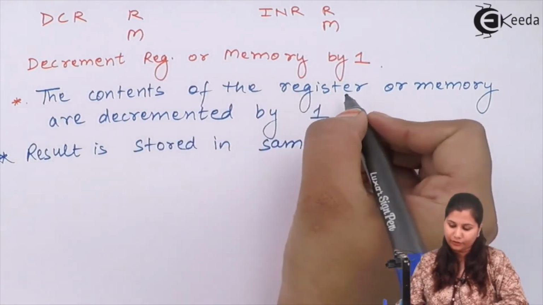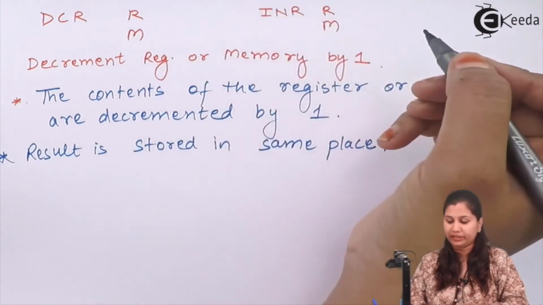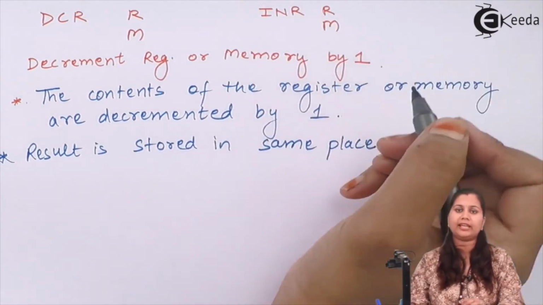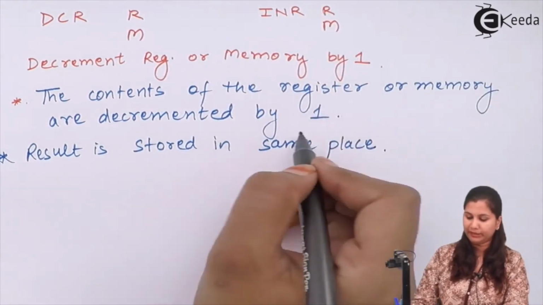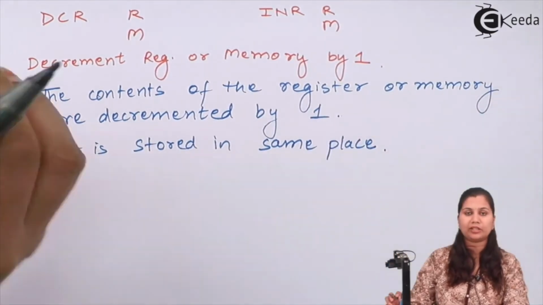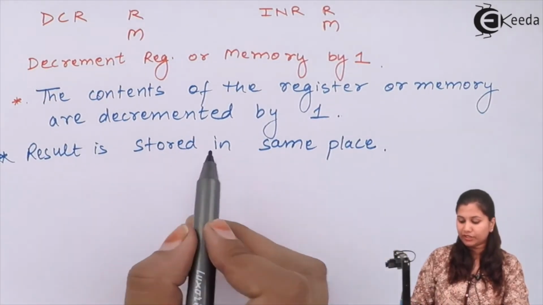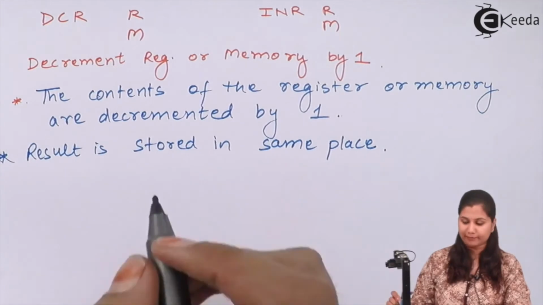So the register can be B, C, the accumulator can also be there, D, E, H, L, any of the registers can be decremented by 1. And if it is a memory, then the address of this memory location is specified in the HL register pair. The result of this instruction is stored in the same place.